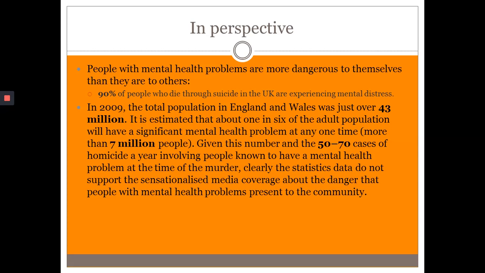So there may be people who commit suicide who are not experiencing any marked form of psychiatric distress, but are competent enough to make the decision to commit suicide for whatever reason.